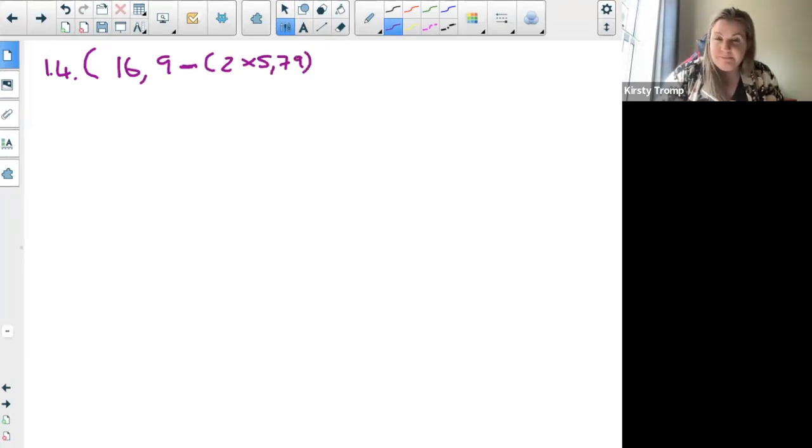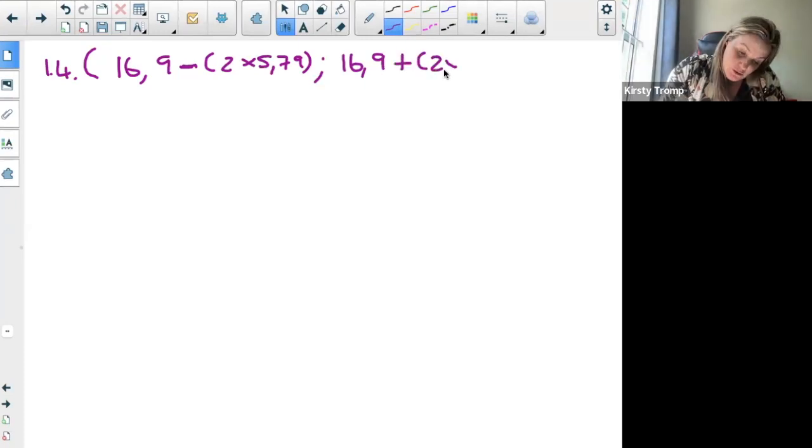Close that little bracket. Okay. I put a semicolon. All right. So that's going to be my lower one. And then I'm going to have my mean, 16,9 plus 2 standard deviations, 5,79. Close my brackets.